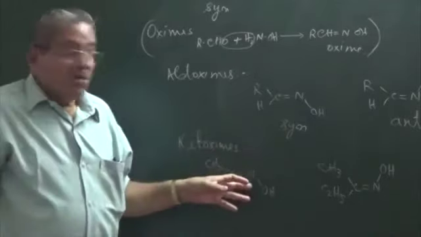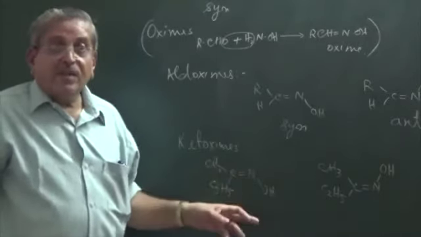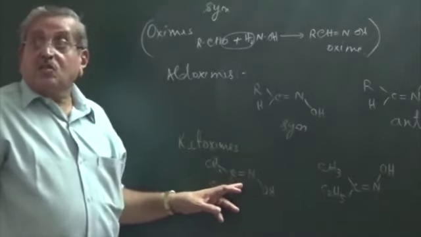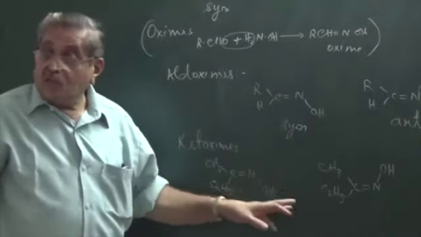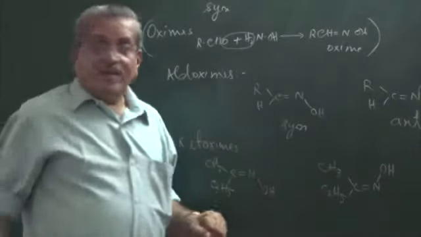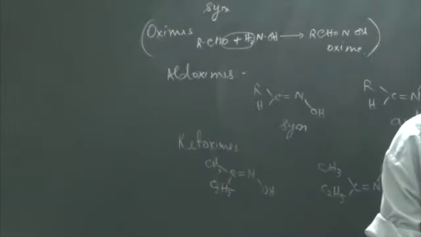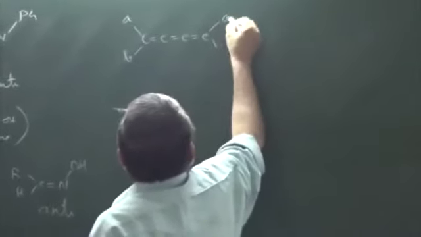So are they not different compounds? They are different compounds. There is no free rotation about the double bond, restricted rotation. So their melting point and properties, everything is different. They are also geometrical isomers. Then you take another compound, C double bond C double bond C double bond C, with A, B, A, B.